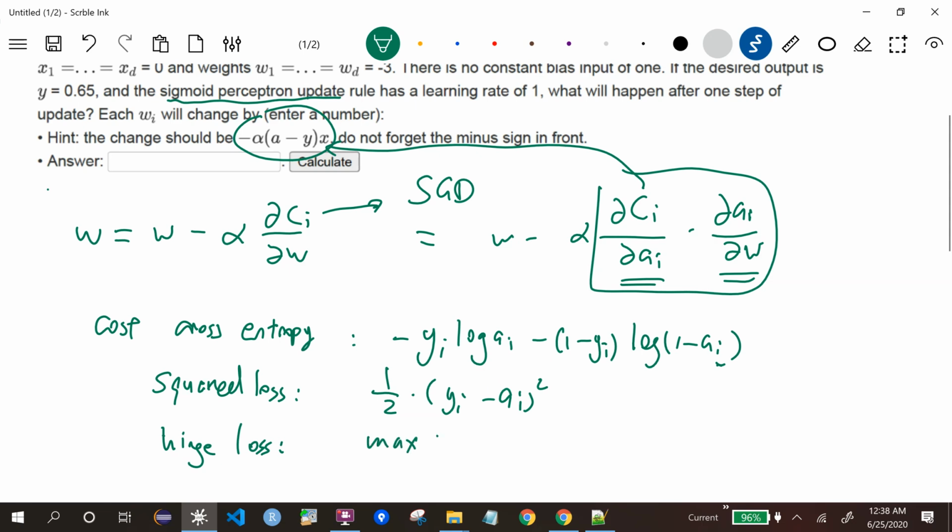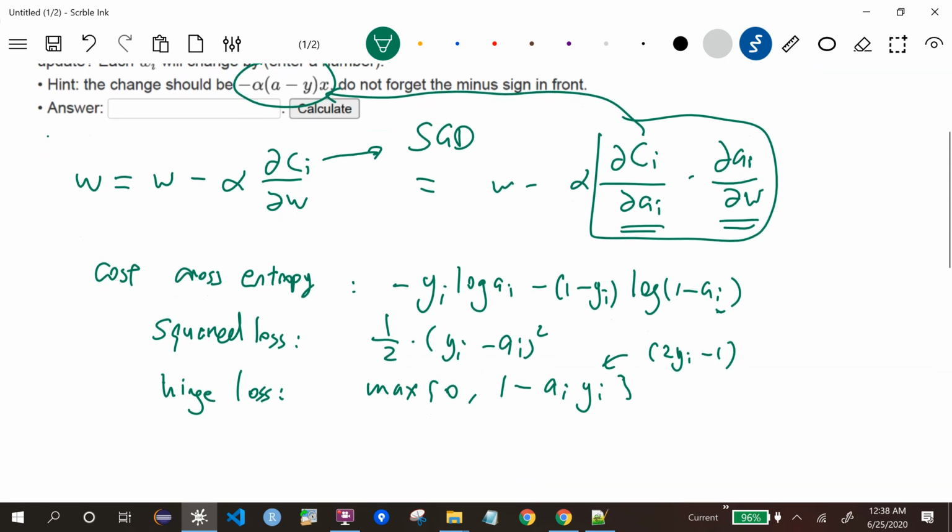It's max(0, 1 minus a_i y_i). There are variations of this, so I need to specify which one I mean. Sometimes this is 2y_i minus 1, because y_i is 0 or 1, or y could be minus 1 or plus 1. It depends on how you label them.